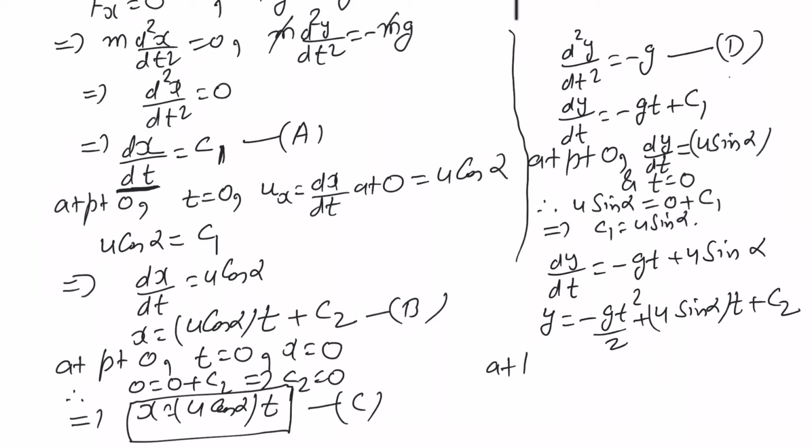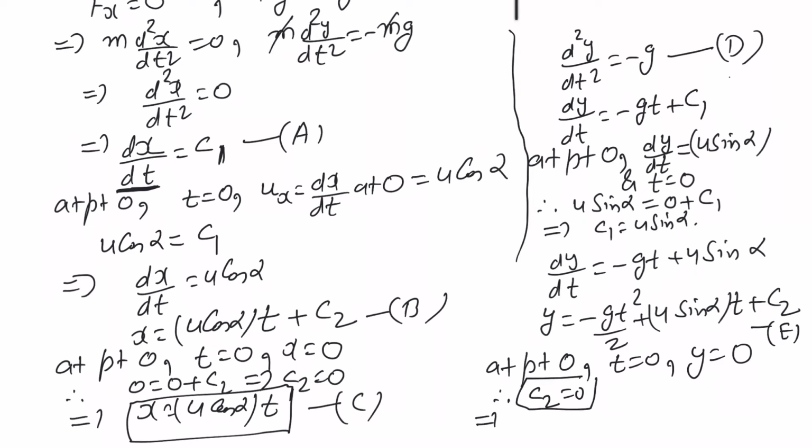At point O again, t is 0, y is 0. Therefore c2 is equal to 0. Using in E, y is equal to minus gt²/2 plus u sin alpha t. Name it as equation number F.